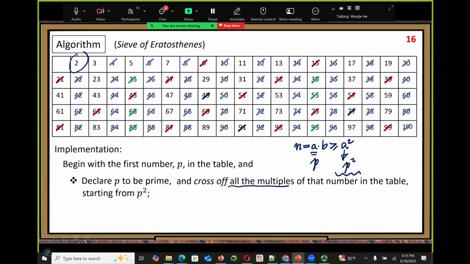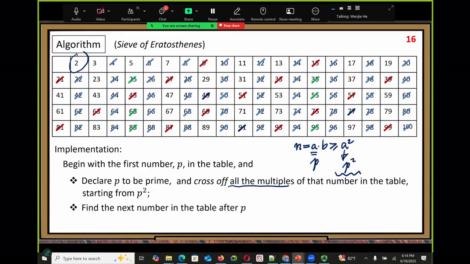If the number is less than p squared, don't look at it, because you will not find such a composite number there. After p squared, then the next p multiple, another next p multiple, and so on.